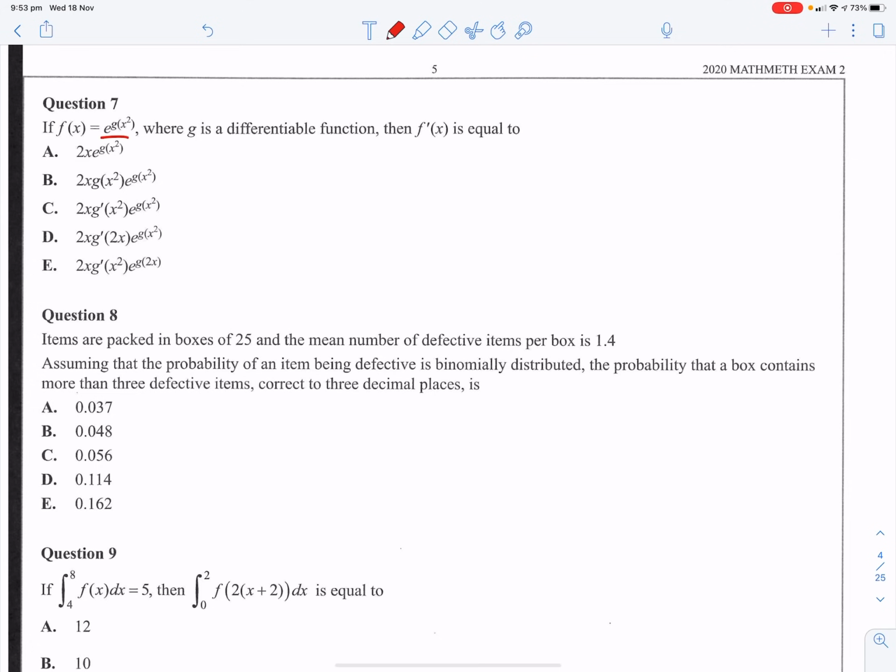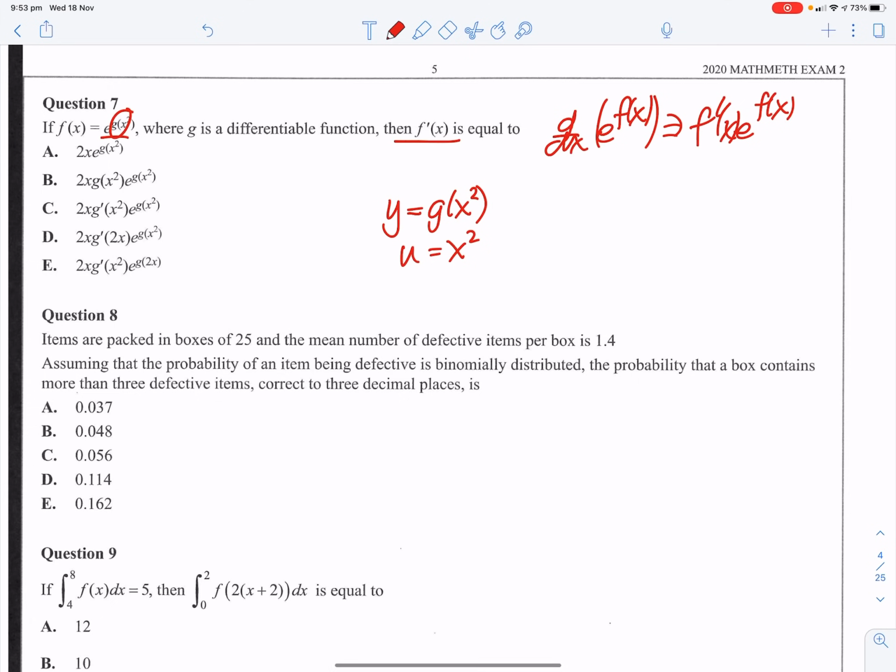Okay, I've got an exponential and I want to derive it, e to the g of x squared. We know when we derive e to the f of x, it's f dash of x, e to the f of x. So let's let y equal g of x squared.